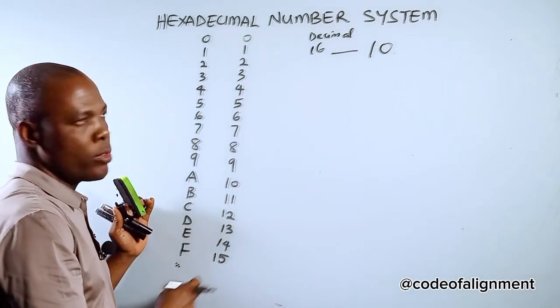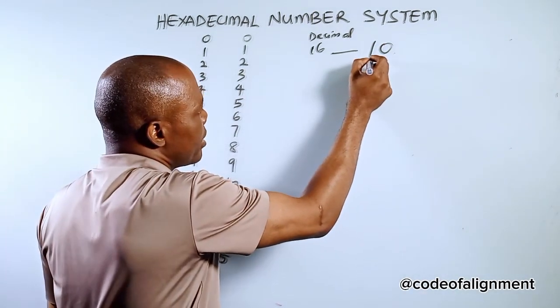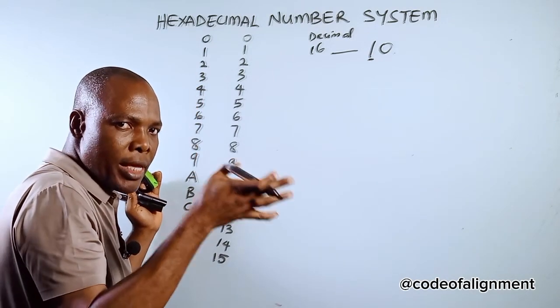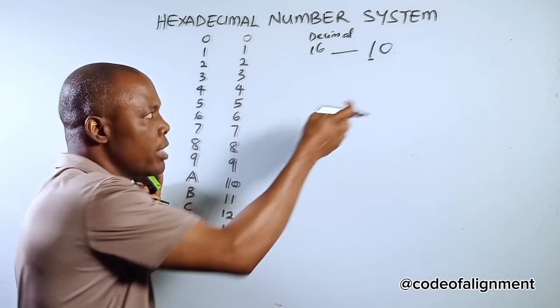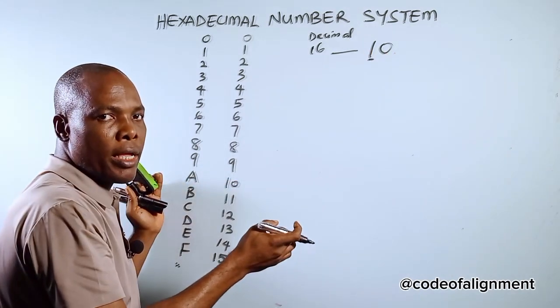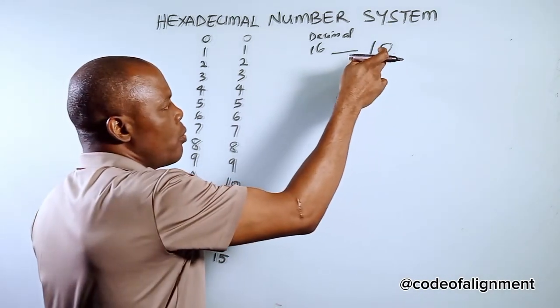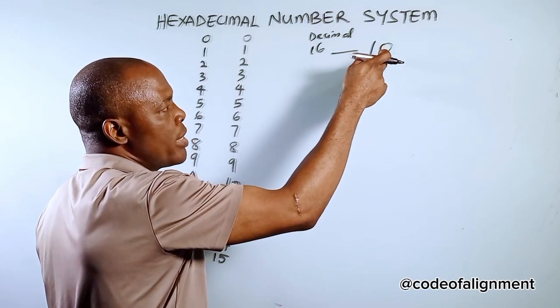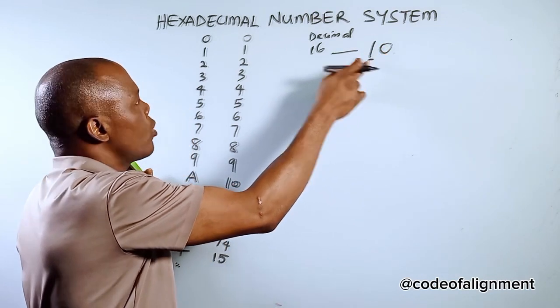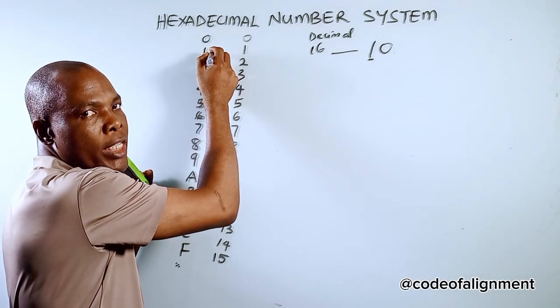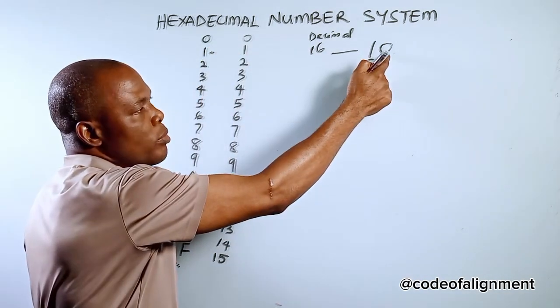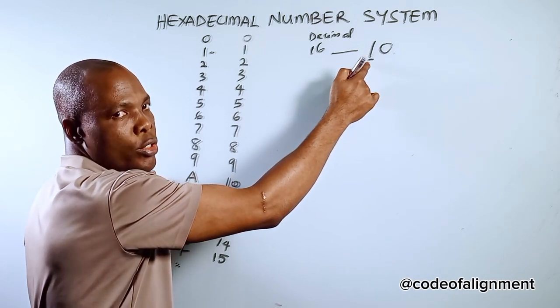So 16 will be 1, 0, meaning this 1 has 16 things inside, that is, the quantity is 16, and then you have a placeholder. Without this 0 being a placeholder, this 1 will collapse into this 1, so it means we cannot scale. But because of this 0 being a placeholder, this is going to scale.